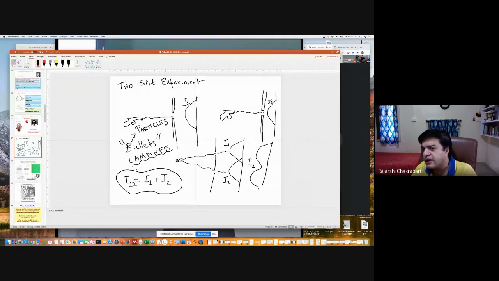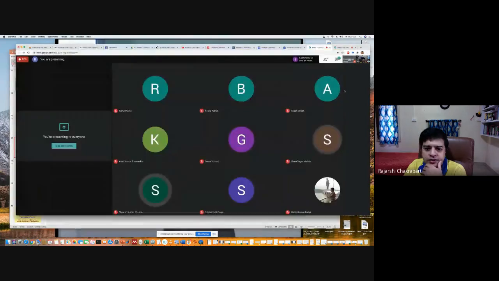Is this clear? Any question so far? So far, we are not doing any experiment with any subatomic objects like atom, molecule, or electron. We are doing experiment with a gun, real bullet.